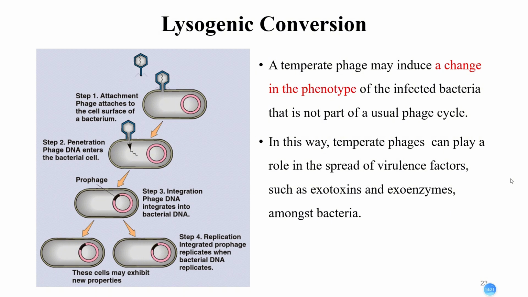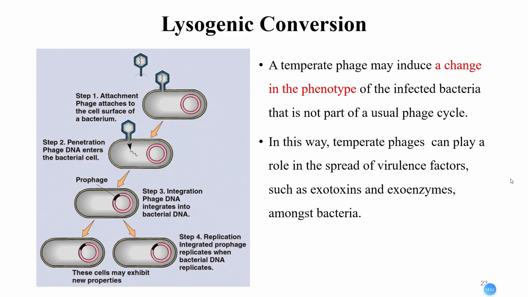So it can be expressed to make this bacteria antibiotic resistant, or virulent enough to cause infection in humans. In this way, a temperate phage can play a role in the spread of virulence factors such as the genes of exotoxins or exoenzymes, or antibiotic resistance genes among bacteria.